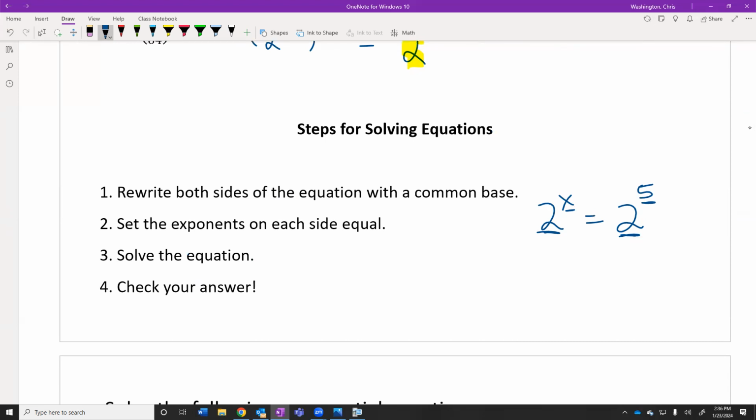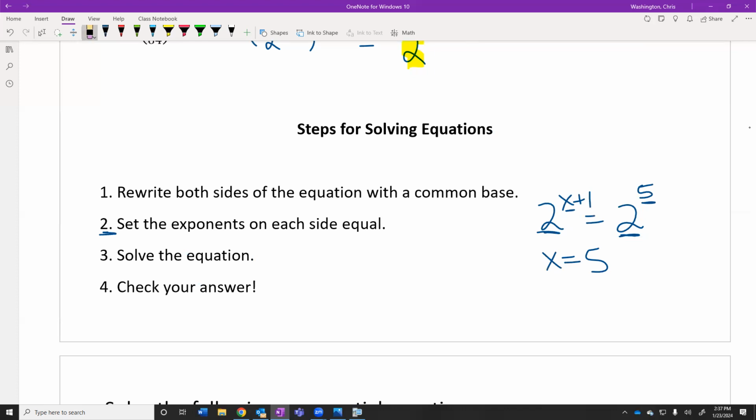What if the bases are not the same? Can we say that the exponents have to be equal? No. Only if the bases are the same can we say that the exponents have to be equal. So in this case, the bases are the same, so x has to equal 5. And that's really step 2 there. You may have an equation left over from the exponents. Like we might have, instead of just x here, x plus 1.